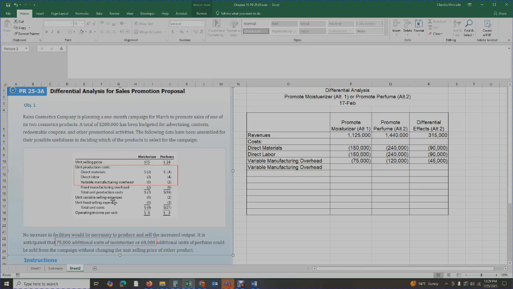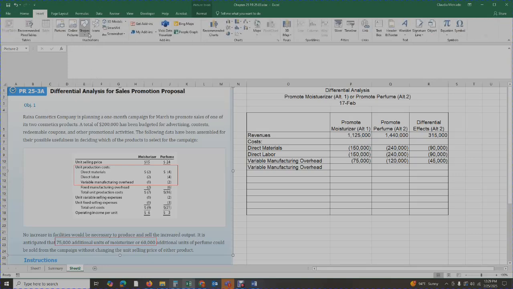Now, the only other thing that we have to incorporate is the, okay, so we've got that. Let me see, what are we missing? We've got the 150, 150, 75. So we should have another item. We should have the unit variable selling expenses. So that one should also be considered.